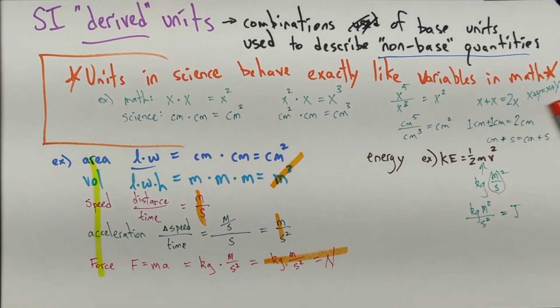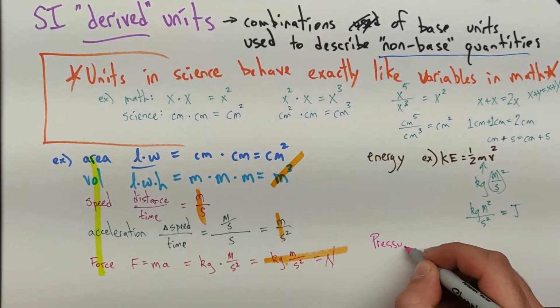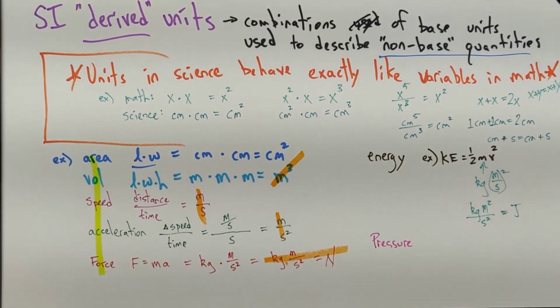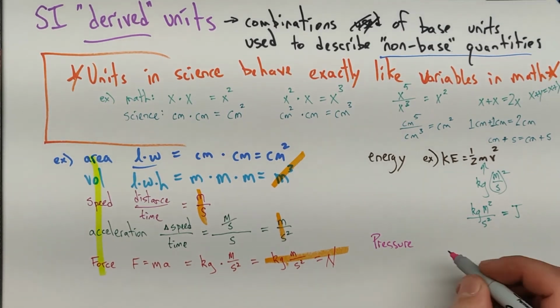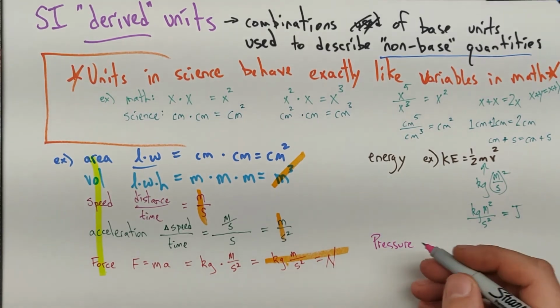And the last one that I wanted to glance at here is pressure. If you've ever put air in a tire on a car or a bicycle, you might have read those pressures in PSI, pounds per square inch. Well, that's actually pounds force, and then square inches would be a unit of area.